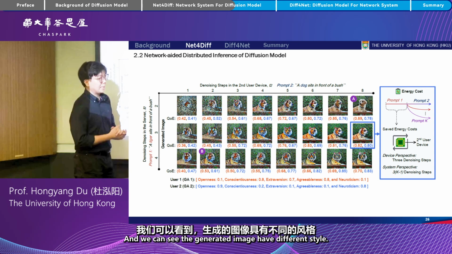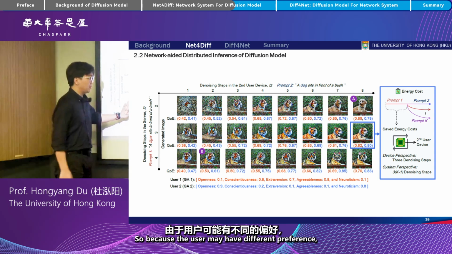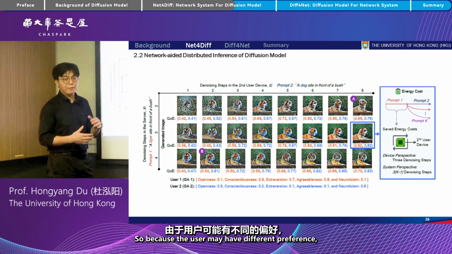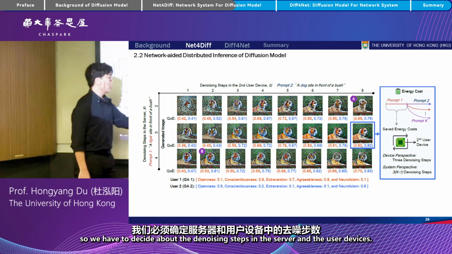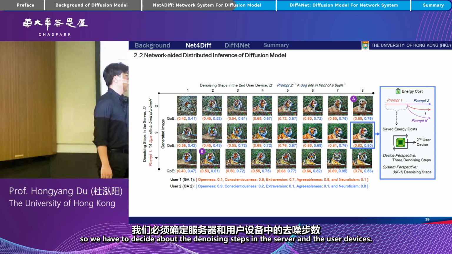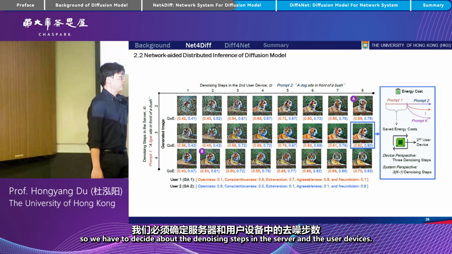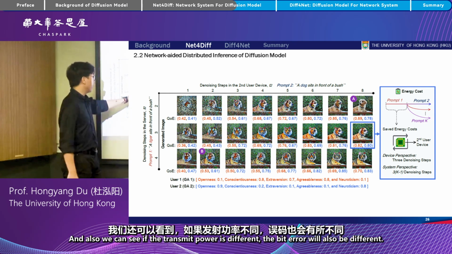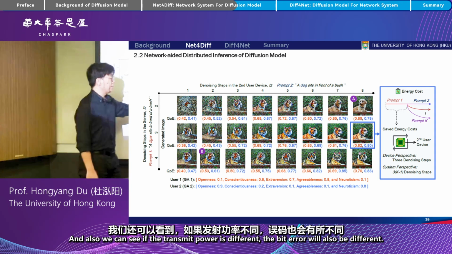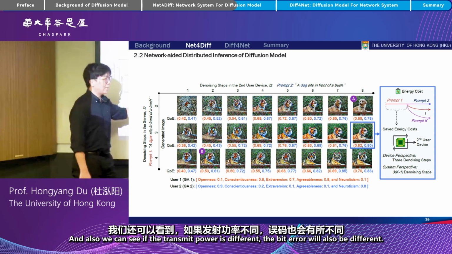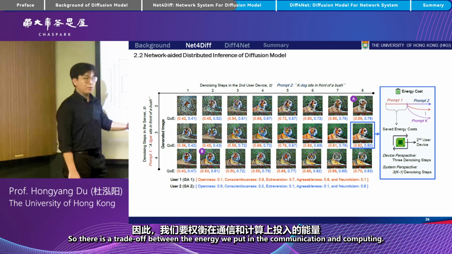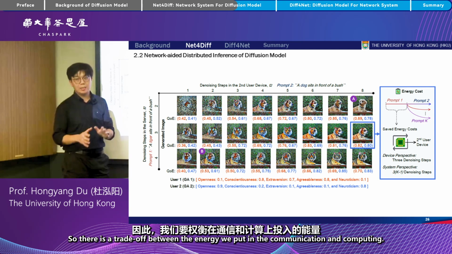And we can see the generated images have different styles. Because the users may have different preferences, we have to decide the denoising steps in the server and the user devices. And also we can see if the transmit power is different, the bit error will also be different. So there is a trade-off between the energy we put in the communication and computing.